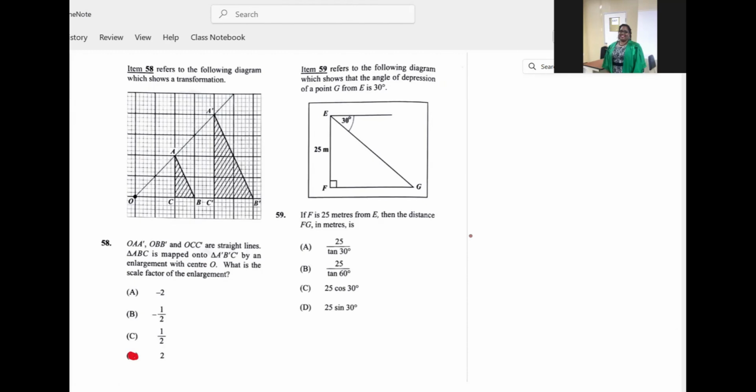59. If F, the following diagram, sorry, it refers to the following diagram, which shows that the angle of depression of a point G from E is 30 degrees. If F is 25 meters away from E, then the distance FG is what? Okay, so if he has 30, then he has also 30 because of something called Z angles.